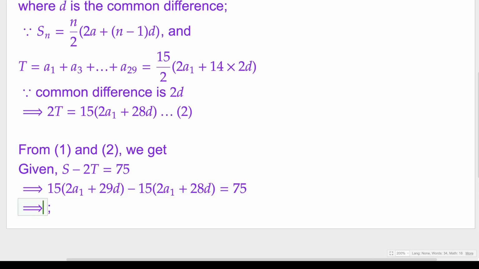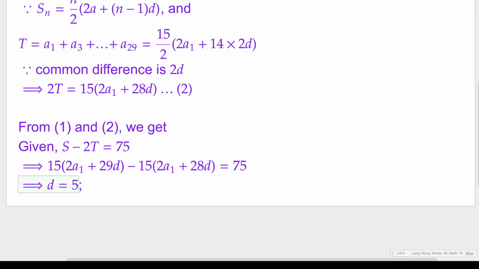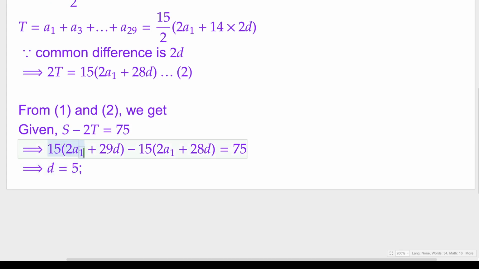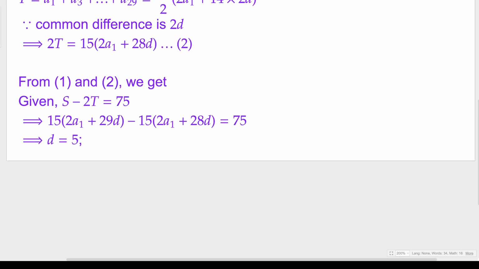On resolving this, you can observe that 30 times a1 and negative 30 times a1 effectively cancel out. When you solve this, you get the common difference d as 5.